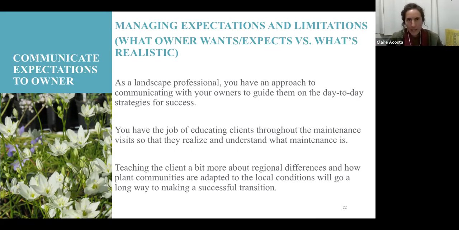If you have someone who is maybe a native plant aficionado already, you probably won't be doing that much maintenance or even need to do much with them.